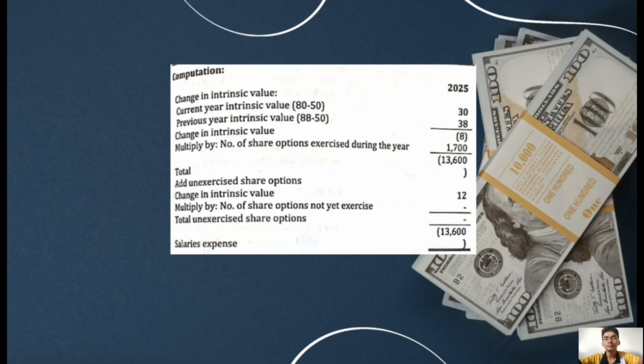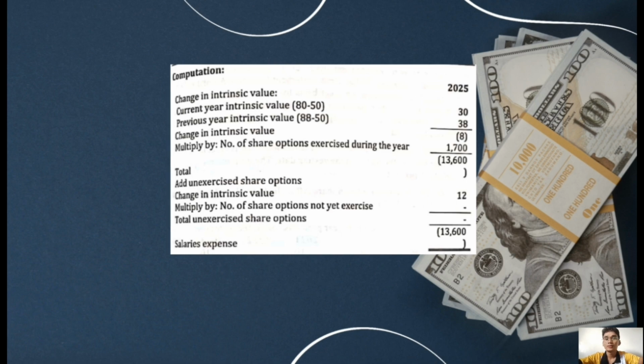So the third illustration, or the third fact, presents a computation of salary expense for 2025 based on the change in intrinsic value of stock options. First is the change in intrinsic value for 2025. The intrinsic value is calculated as fair value of share less exercise price.